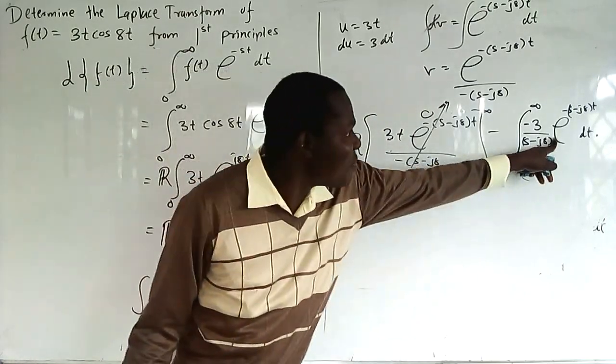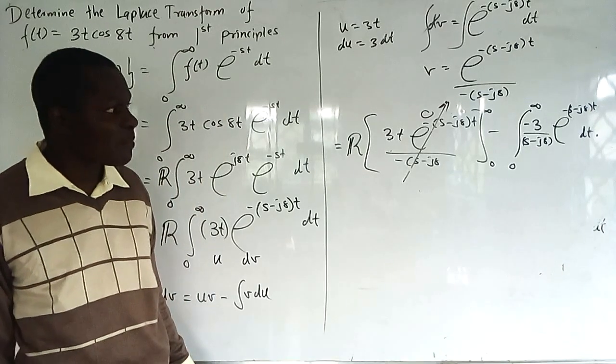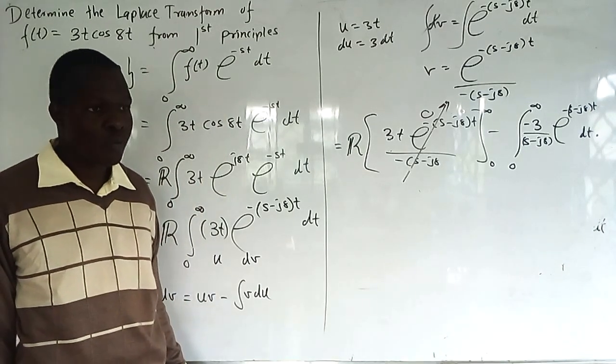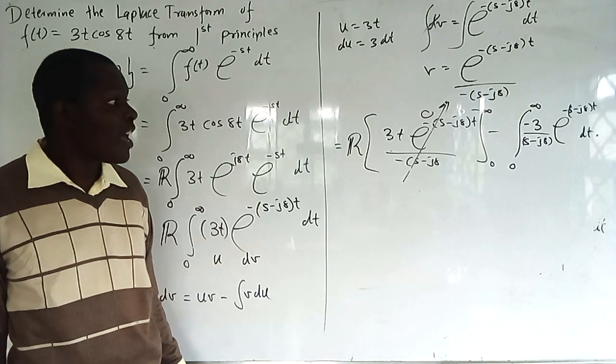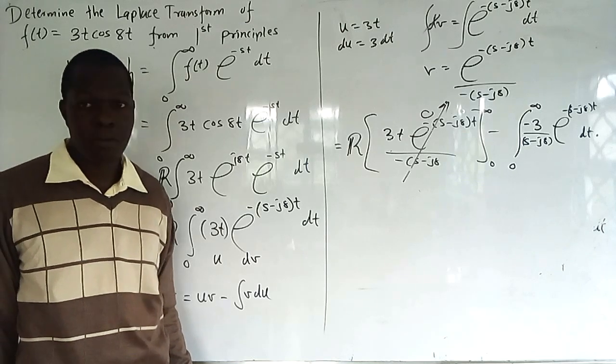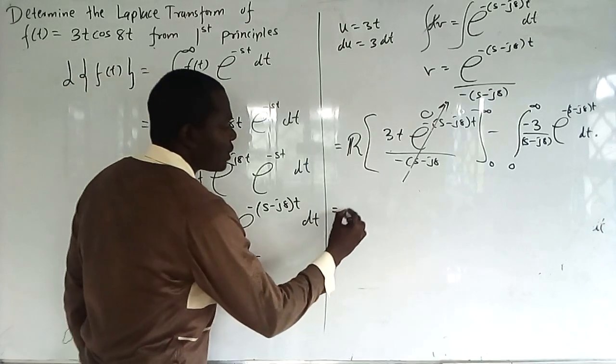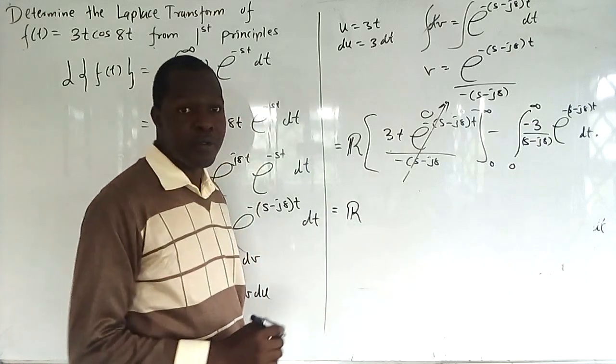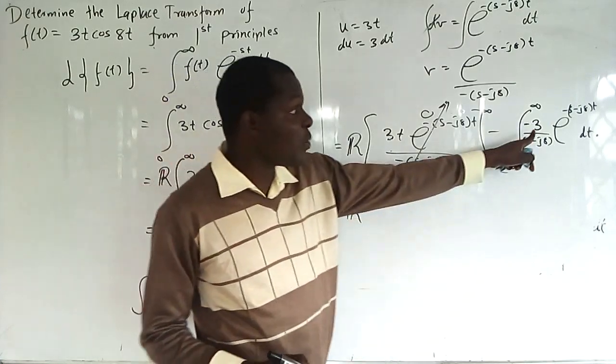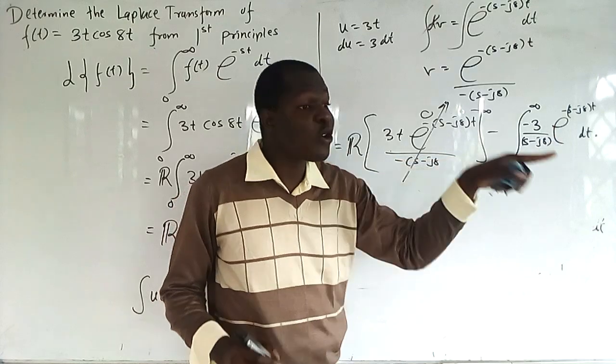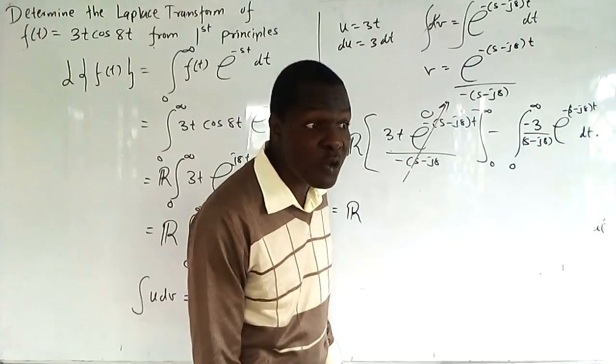Then the other part you are remaining with, ladies and gentlemen, what is it? The other part you are remaining with is the real part of, it's just the exponential function alone, meaning it is no longer a product rule, isn't it? Yes.